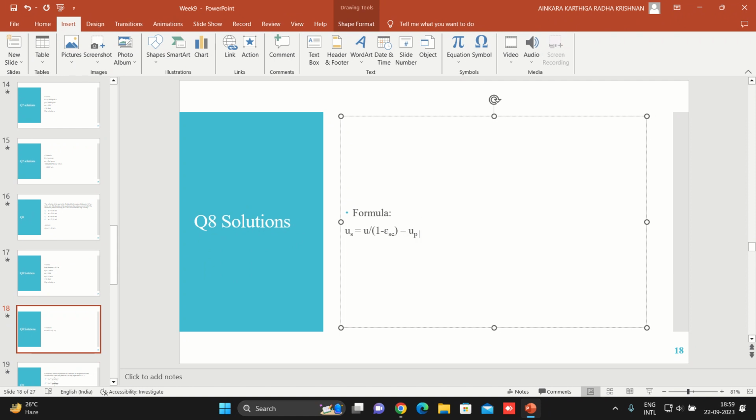So here we have UG, 1.5, divided by 1 minus 0.06, which is the epsilon SE, minus 0.1. So this is 1.4957 meter per second, or 1.5 meter per second.